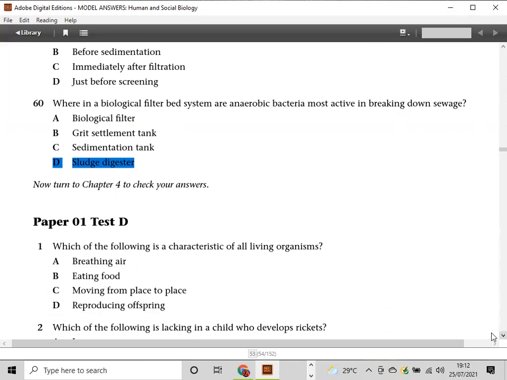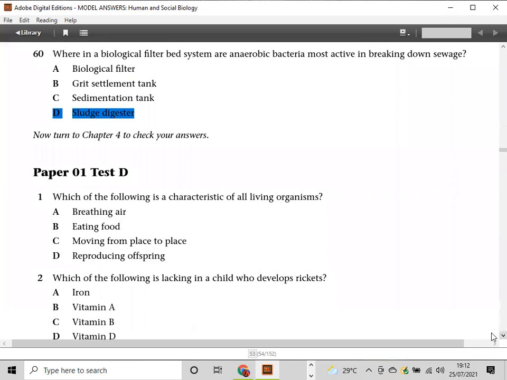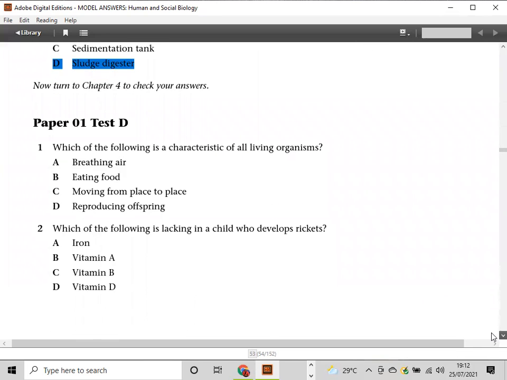Alright guys. Do you know which of the following is a characteristic of living organisms? Put in the answer, guys. Alright. For these two, you're going to put in the answer. I'm not going to tell you the answer. Put in the answer, and then you see how much you get out of that. Alright, guys. So let's go. Let's see how much you guys can get. 1 minute per page.